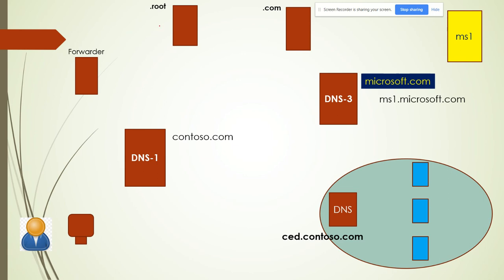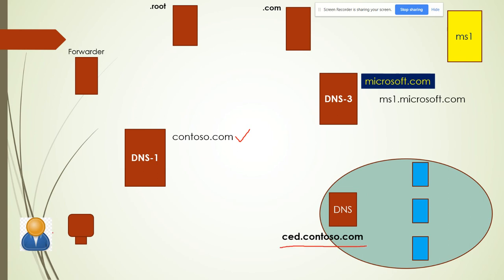So as we talked in the last slide, root has the delegation of com, com has the delegation of Microsoft.com. You can also set the delegation in your zone as well. Suppose there is a subdomain or another domain in your organization which is hosting cd.contoso.com.